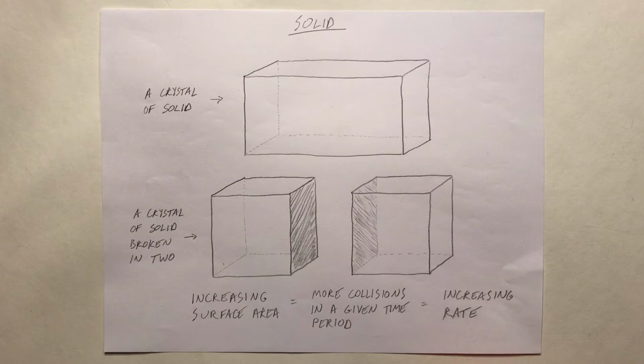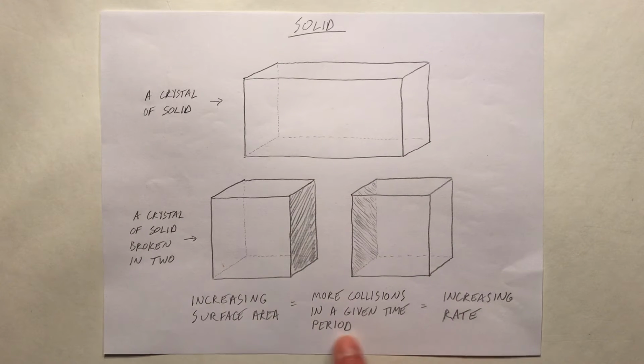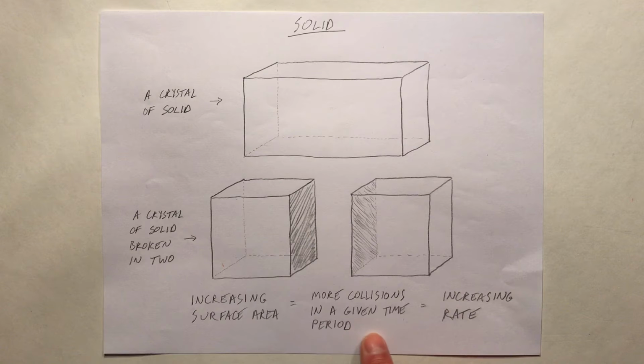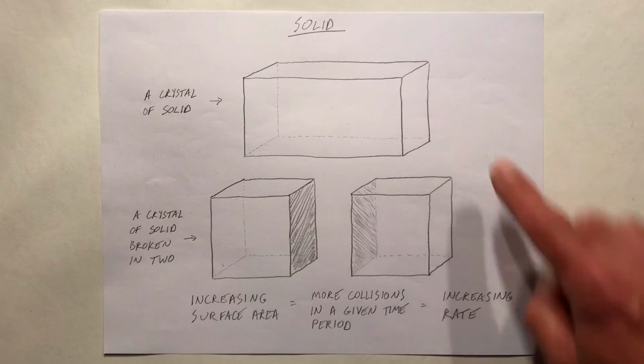So whenever we make the particles smaller in size, that will increase the surface area no matter what the initial shape of the particles was. So increasing surface area would allow for more collisions in a given period of time, and that would mean increasing reaction rate. And that's important when we have solid chemicals.